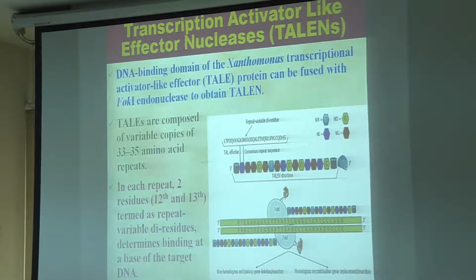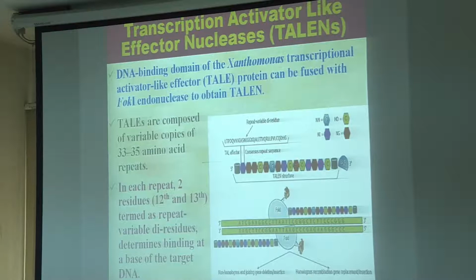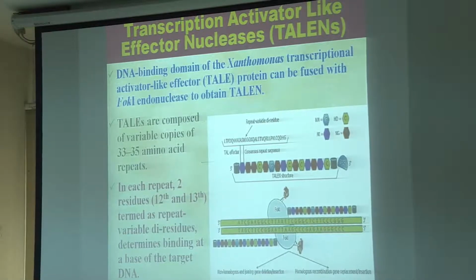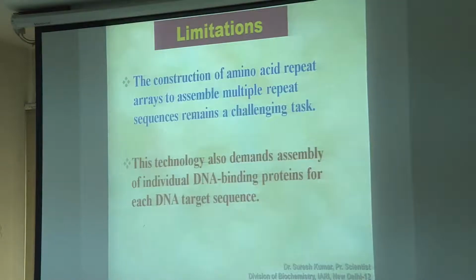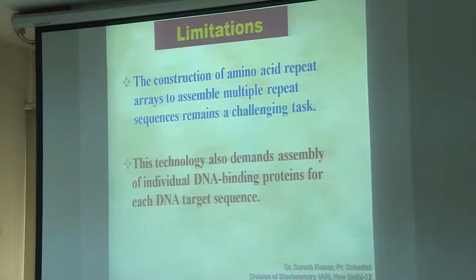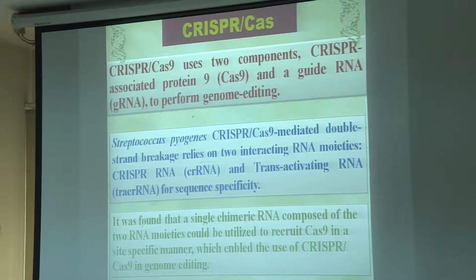And once it is bound there, then the nuclease is already attached to it, and it will make a cut. So, similar problem here also, you have to make manipulation and changes. So, that will create some hindrance in manipulating the DNA of your wish, or the DNA or gene of your interest.